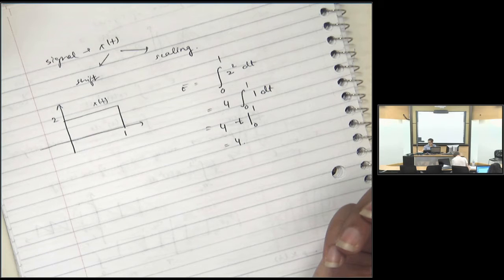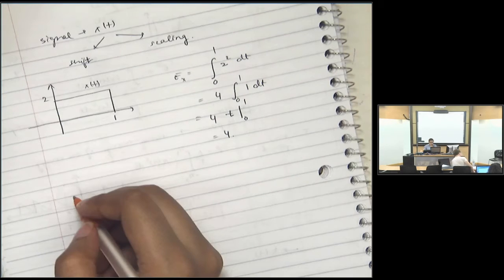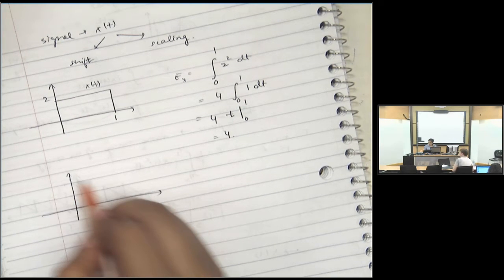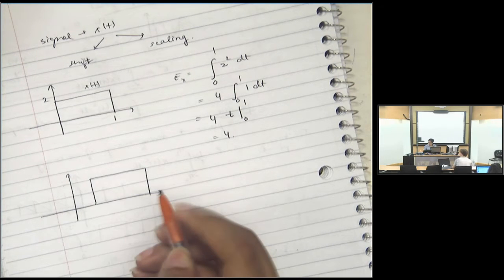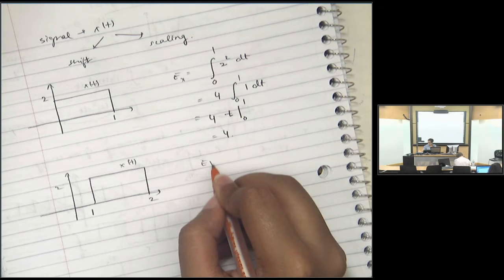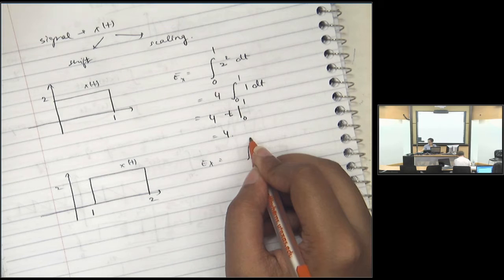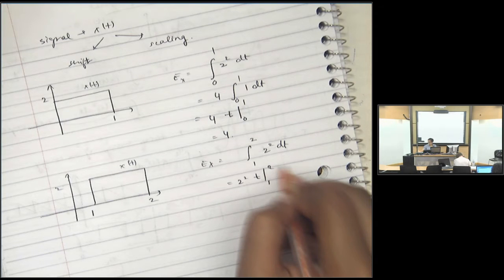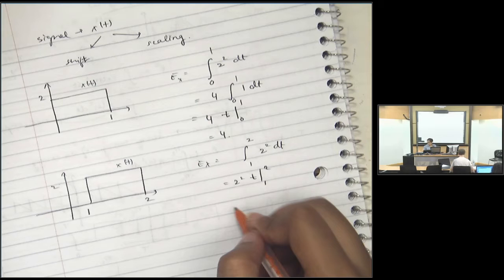Alright. Now, if you shift this in time, let's say now it's from 1 to 2, it's still 2. Your integration limits change from 1 to 2, it's still 2 squared dt, and again your constant integrates to t, and again you have 4.